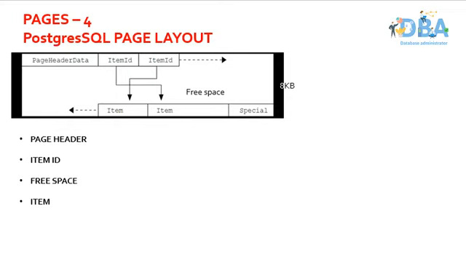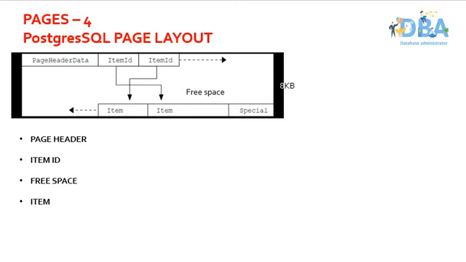Whenever the database is trying to insert a record, it is going to insert from the bottom. You can see that there is a space called special. From there you can see that rows are getting inserted, always from the bottom to top. So all the records are inserted in this order.